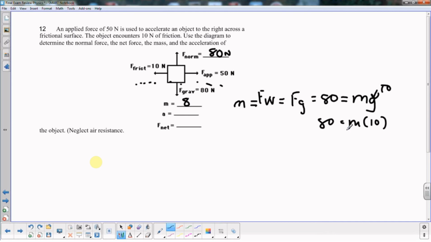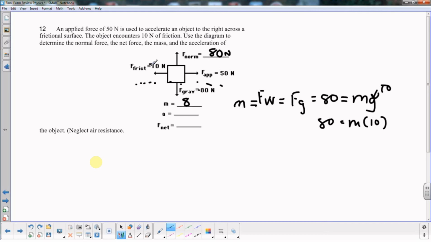The F net, I know the F net is the addition of all the different forces acting on this box. So I know 80 up and 80 down, those two cancel because force is a vector. This is actually a negative 80. So you add the 80 and the negative 80, you get 0. You get 50 to the right, 10 to the left. That's actually a negative 10 because it's going to the left.